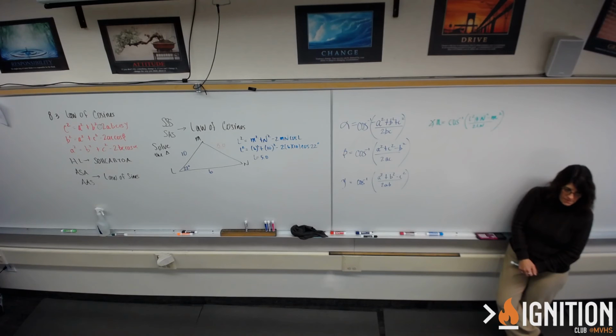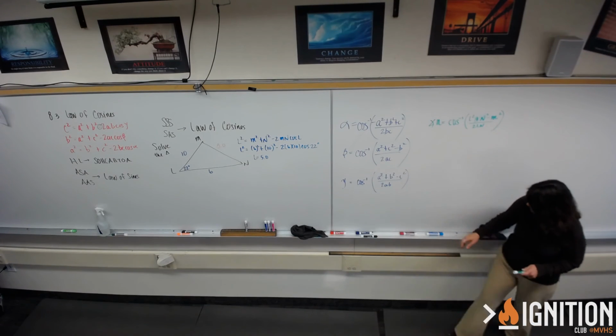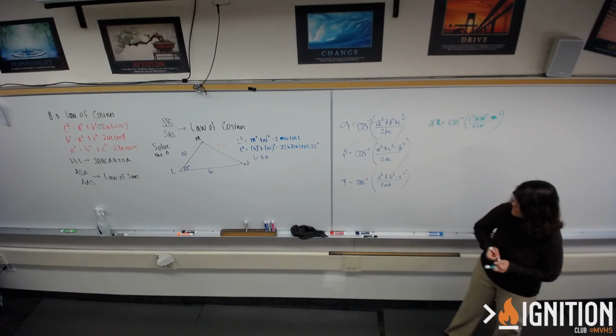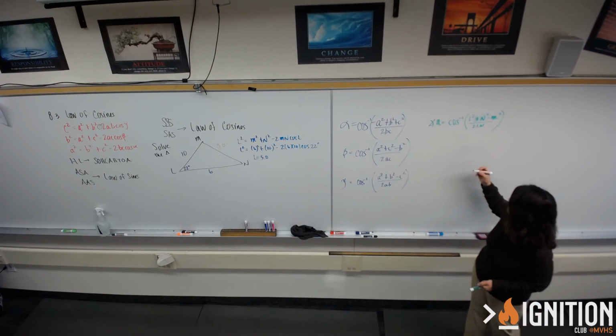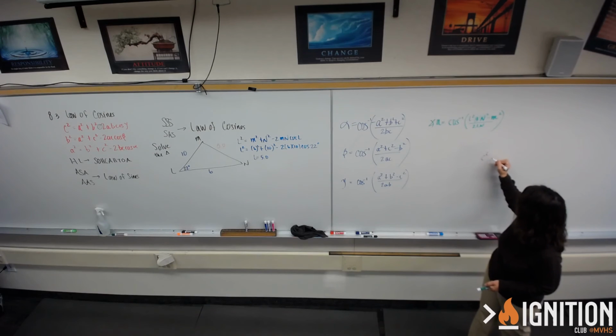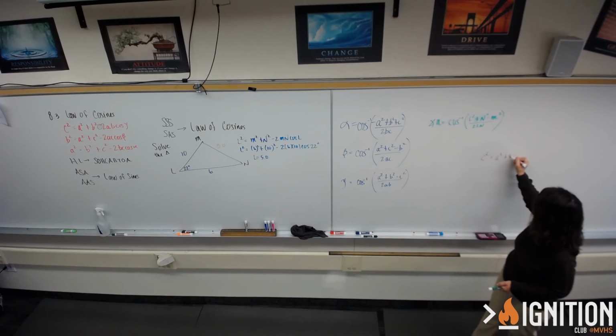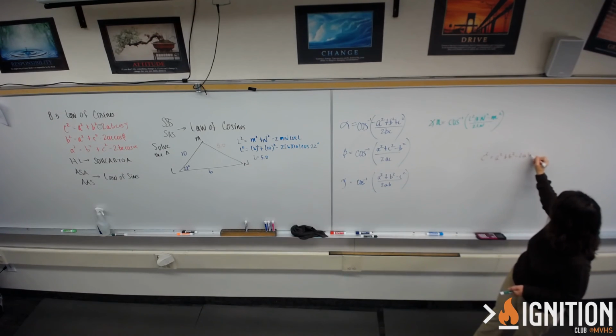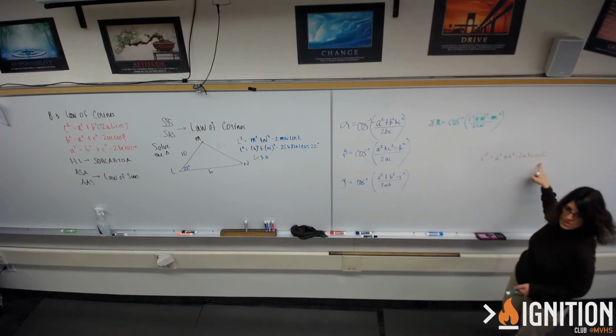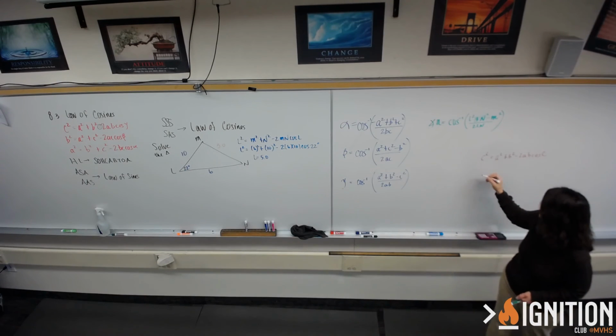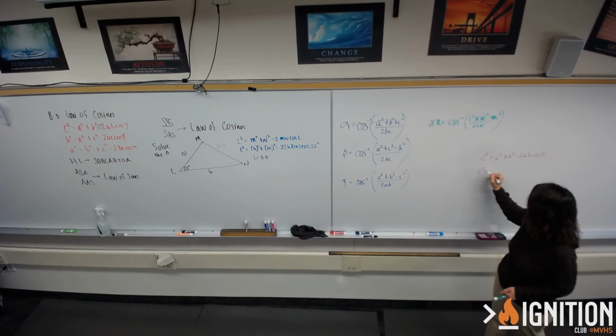Yeah, Chris. Why would it be negative 2bc and negative 2ac and negative 2ab? Because when you add the two, so it'd be cosine squared, and then you divide that, and then inverse. So I'm trying to solve for C. I'm going to subtract a squared, I'm going to subtract b squared.